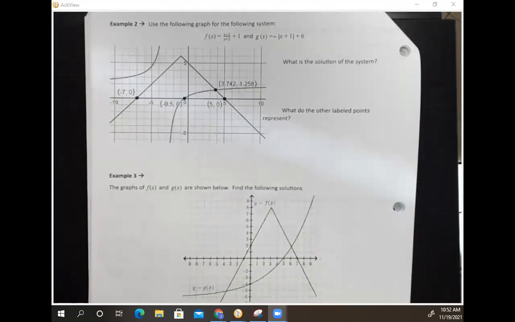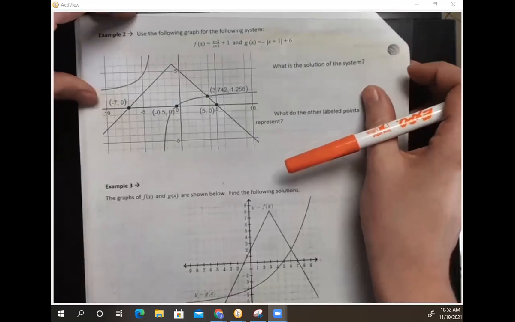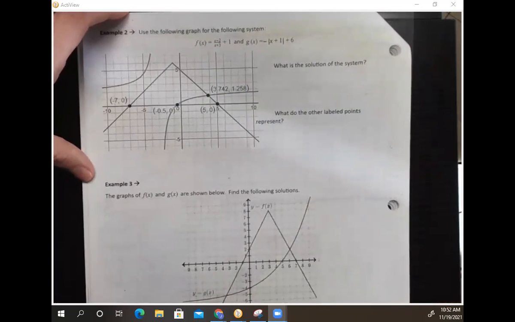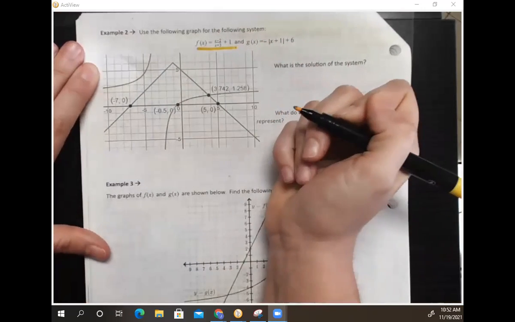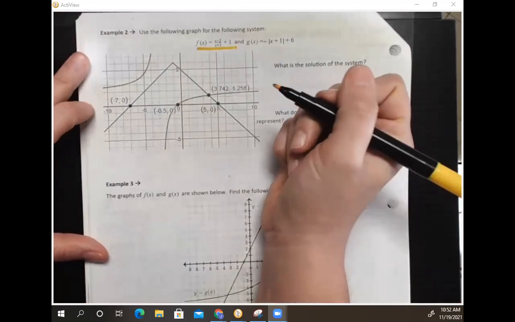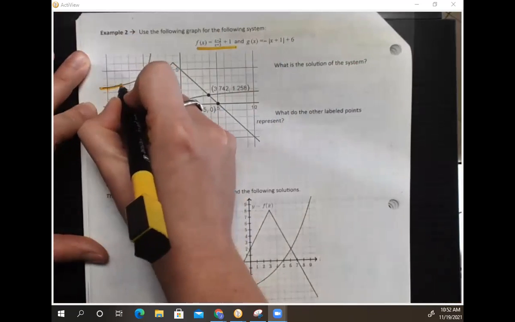On the next page, our functions are already graphed for us. I'm going to do a little color coordinating here just to make this a little easier to see what we're talking about. So f of x is a function that we haven't talked about in here. This is a rational function, and we'll see those in algebra 2. But for right now, the important thing is that we can pick out what the f of x graph is.